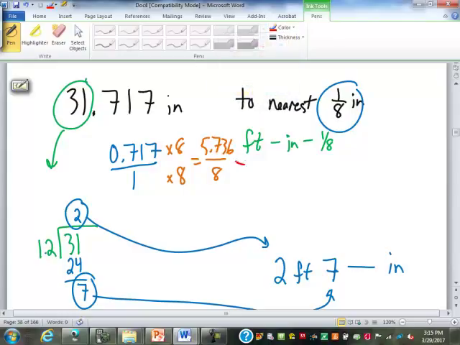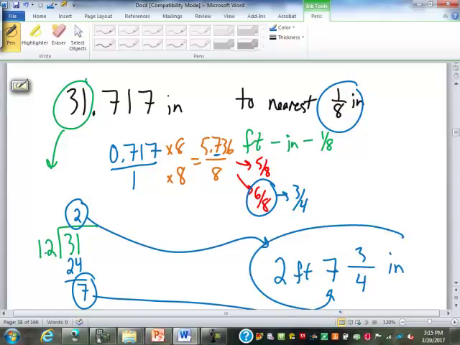Now this is saying that we're between 5/8 and 6/8. Which one are we closer to? Because it's 5.7, this time we're closer to the 6/8. That is going to reduce to 3/4. So that is 2 feet, 7 3/4 inches.